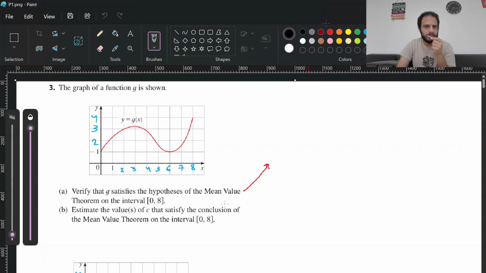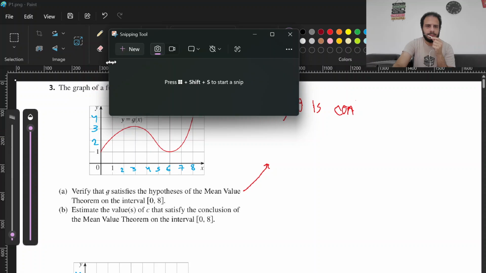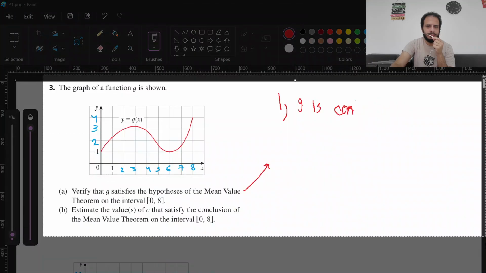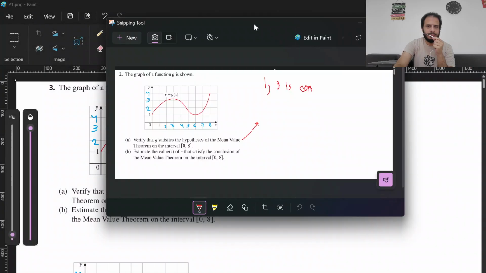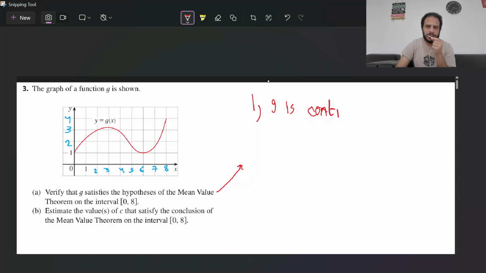Let's see. So one, g is continuous on the closed interval [0, 8], right?